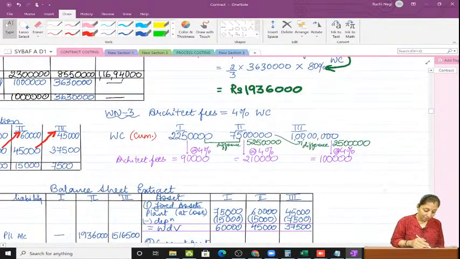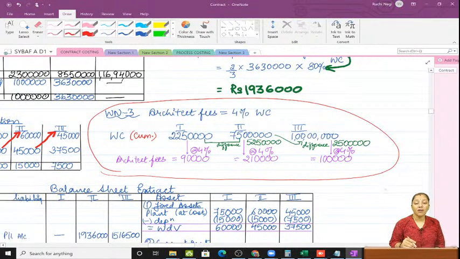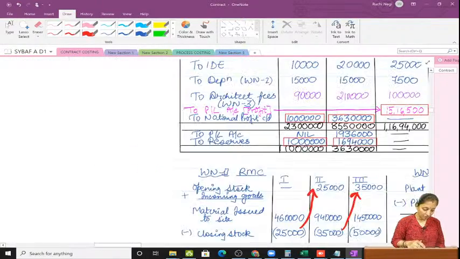And then this is a very favorite question of examiners, calculation of architect fees on cumulative basis. Okay, so if they tell you architect fees is say 5% of work certified, and work certified is a cumulative figure, like this, I will show it to you in the question.